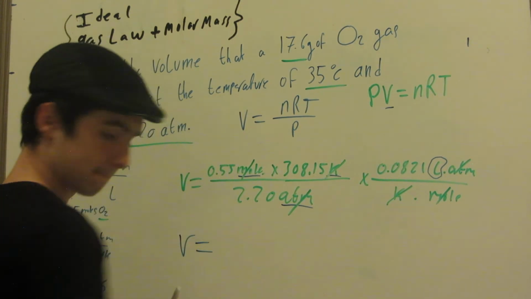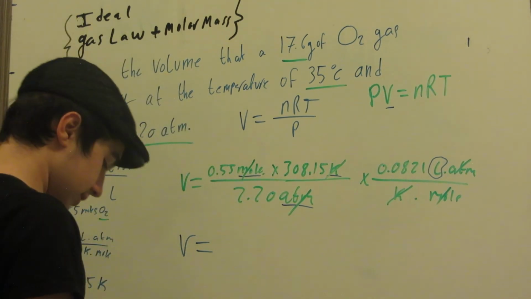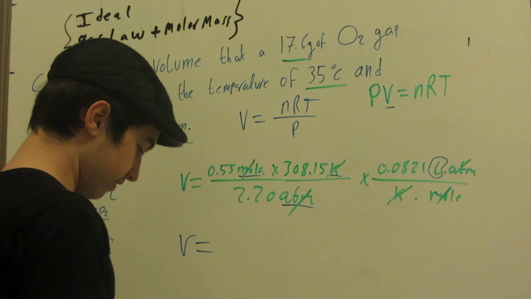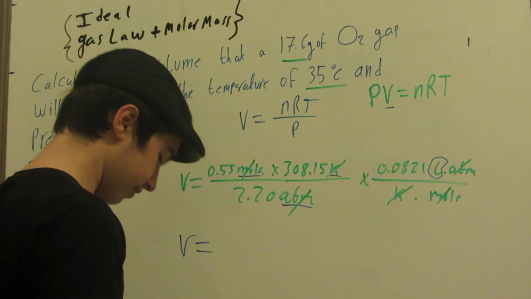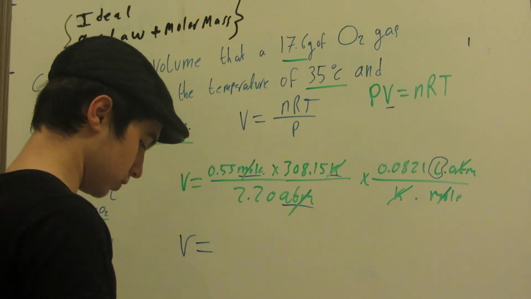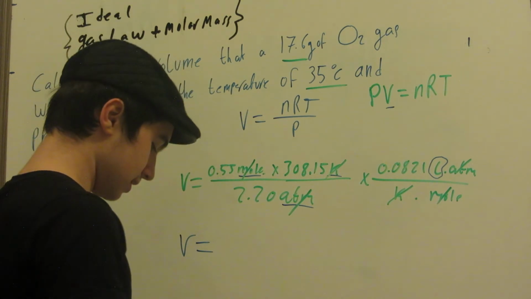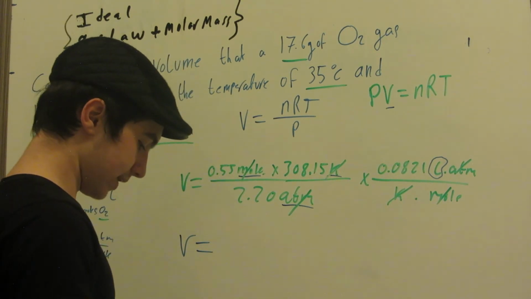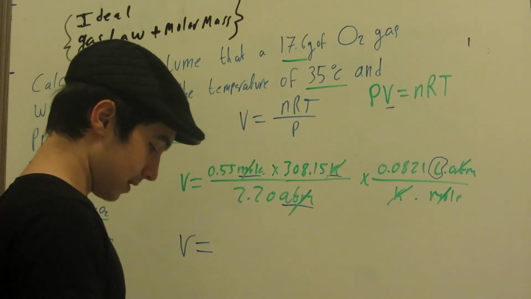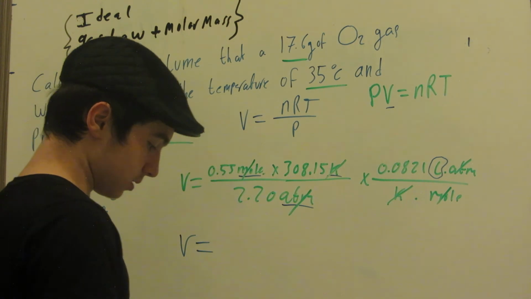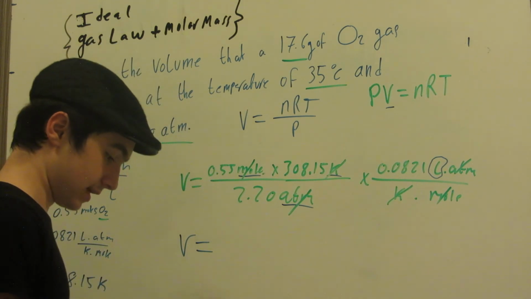V equals, we'll do the math on the calculator. V equals 0.55 multiplied by 308.15 multiplied by 0.0821, divided by 2.20. We calculate everything.